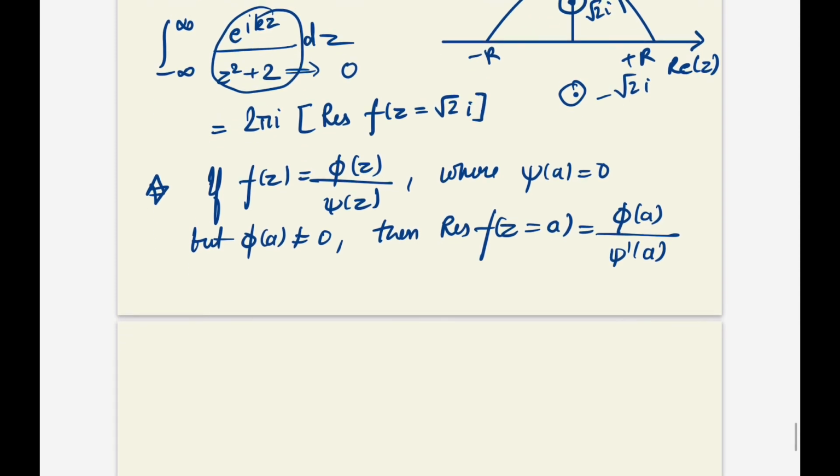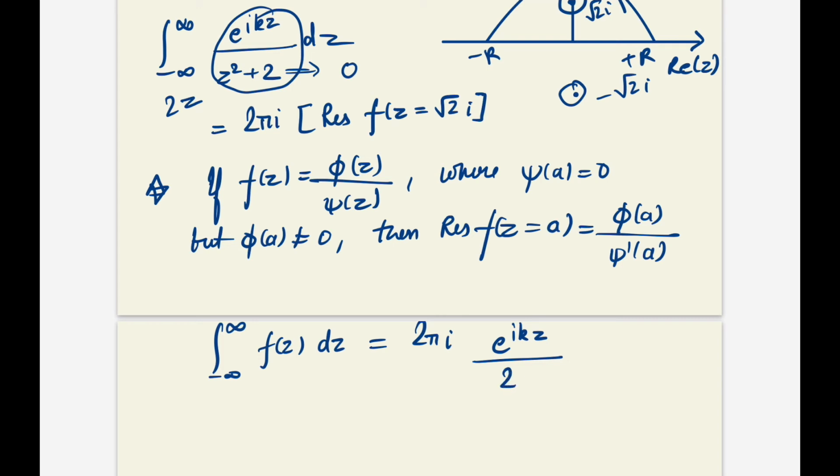Now we will do the following. I will not write the same integral over and over again, I am just considering it to be f of z. So this becomes 2 pi i times the residue of e to the power i k z over, when we differentiate z square plus 2, that will become 2z.